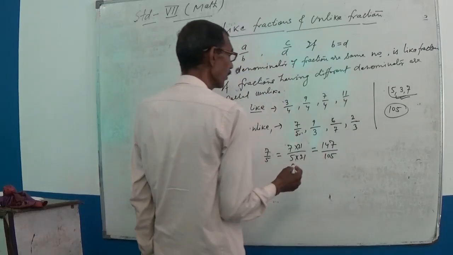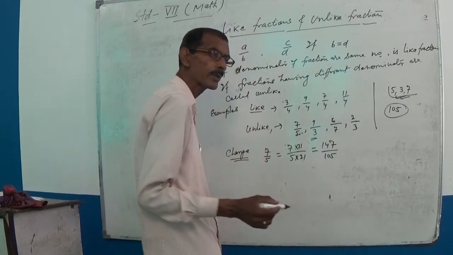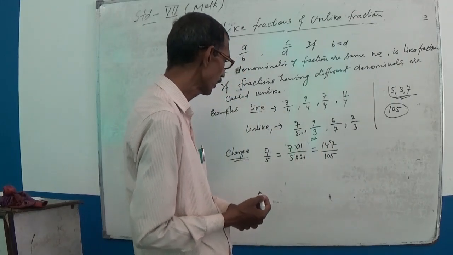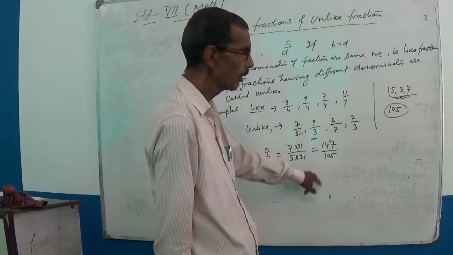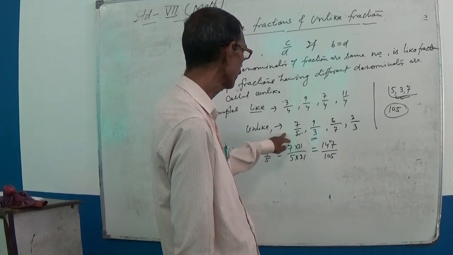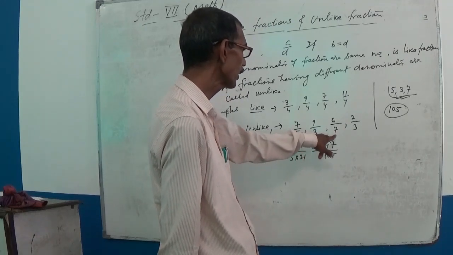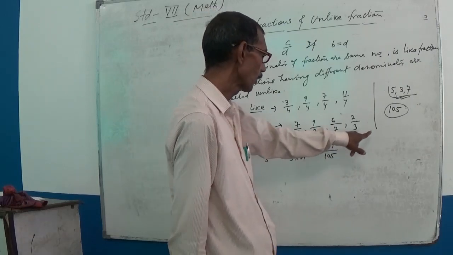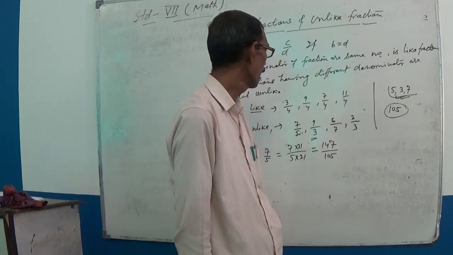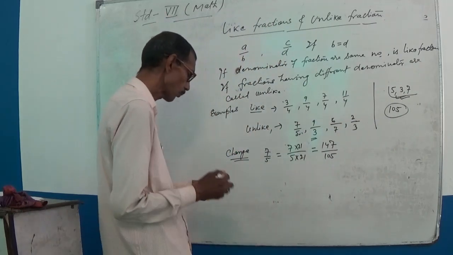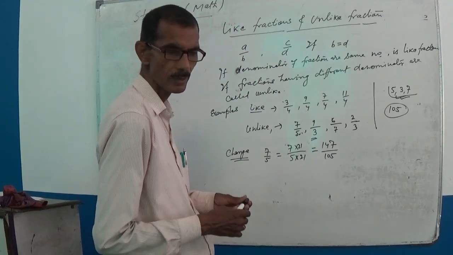Similarly, by multiplying 35 to the numerator and denominator, you can get a fraction whose denominator is 105, and in a similar way you can change the denominator of all the fractions to 105, and then you get a sequence of like fractions.